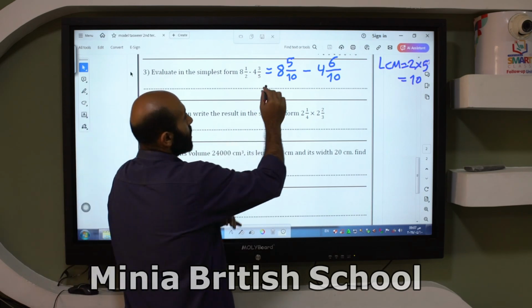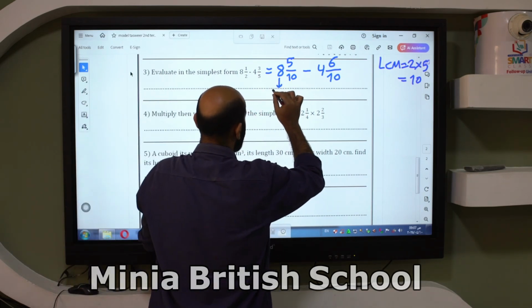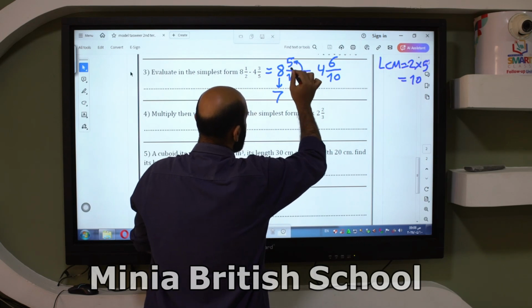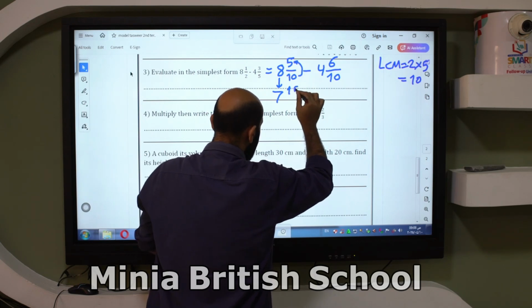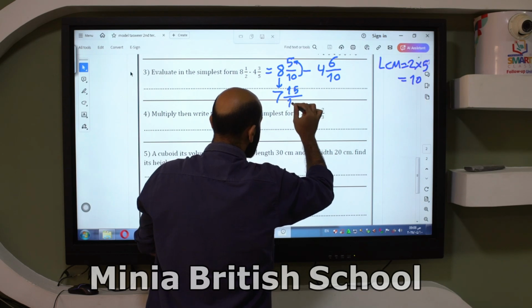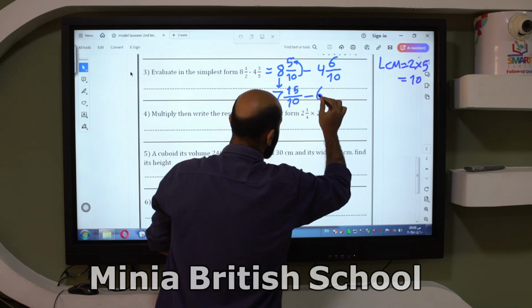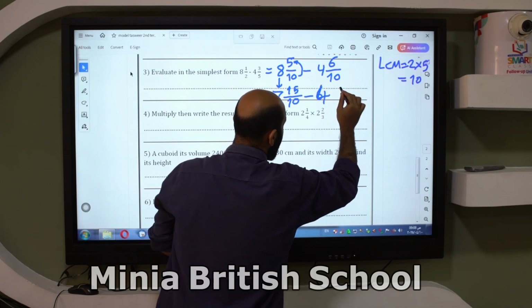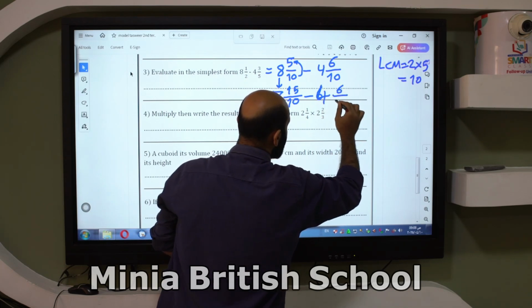How? The 8 will be 7, and let's add the denominator to the numerator: 10 plus 5 equals 15 over 10. Minus 4 and 6 over 10.